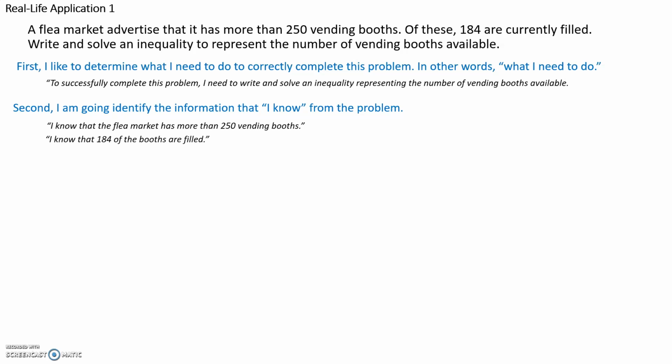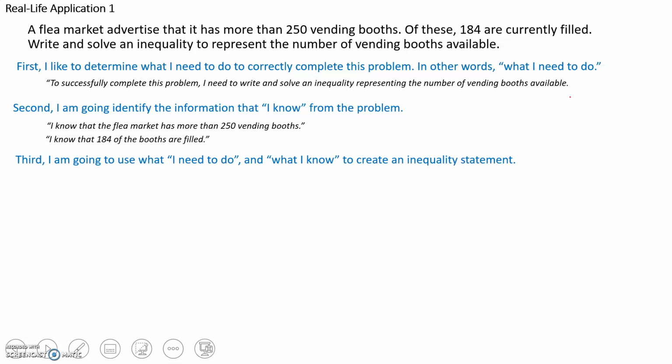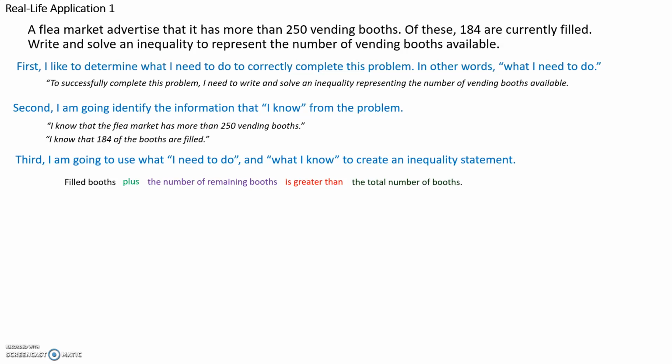Now I'm going to build my inequality statement from what I need to do and what I know. I'm going to create an inequality statement in words. No symbols, just words. The number of filled booths plus the number of available booths is greater than the total number of booths.